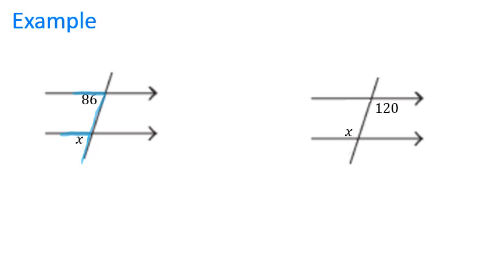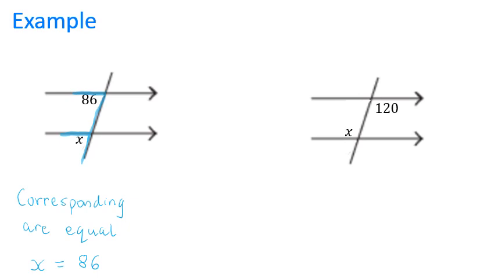Even though it's back to front, it is still an F shape. So the F shape is corresponding angles, and corresponding angles are equal. Therefore these two angles are the same, so x equals 86.